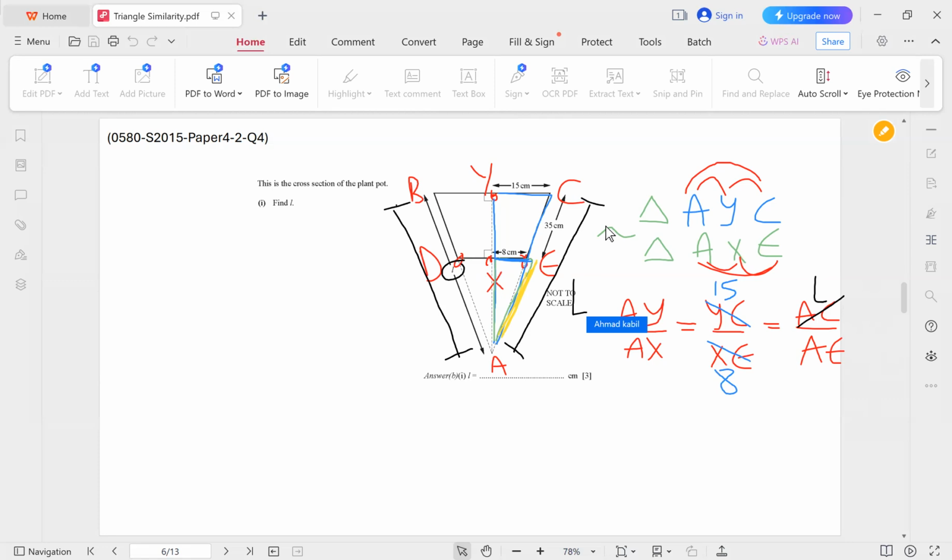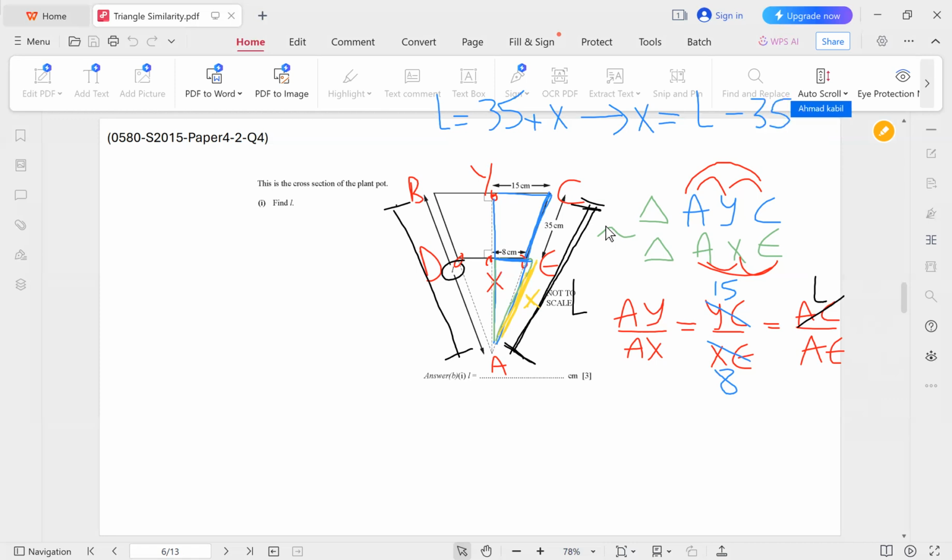So to get the yellow part, we should understand that this black line is equal to the sum of the yellow part and the blue part. So in other words, I can call the yellow part maybe X or something, or Z or M or whatever. And I can say that L is equal to 35 plus X. Since I don't really want another unknown, I can just write X as L minus 35.